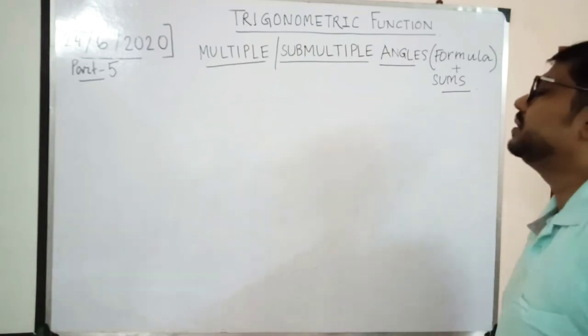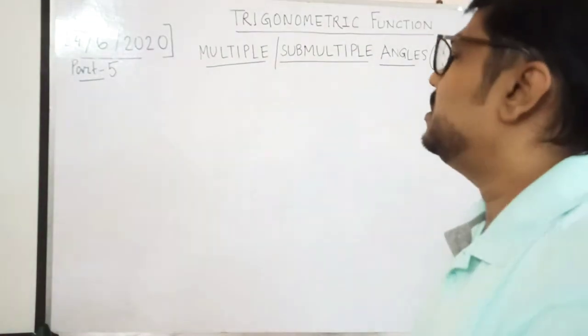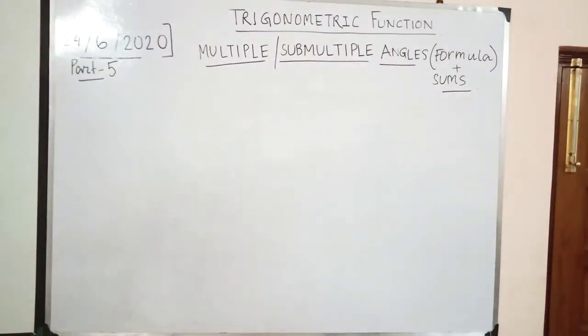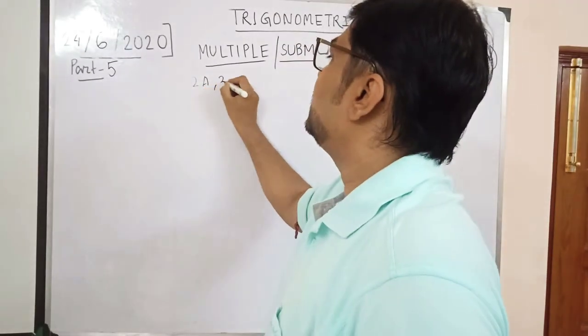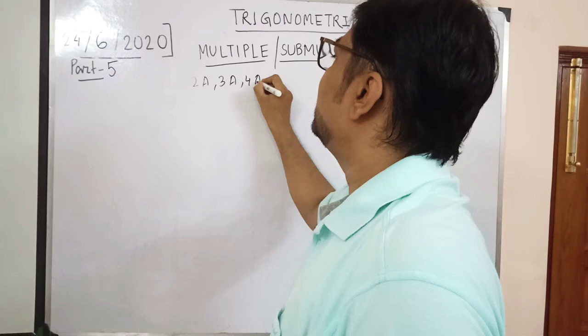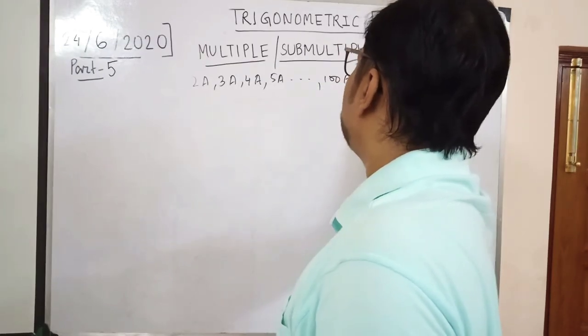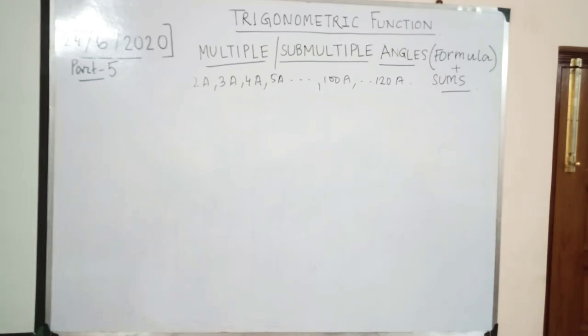Now what is this multiple and submultiple angle formula related to trigonometry? In very simple language, if you take the multiples of the angles, like 2A or 3A, 4A, 5A, anything, say even 100A, however big it may be, we are actually increasing angle A by certain multiples.